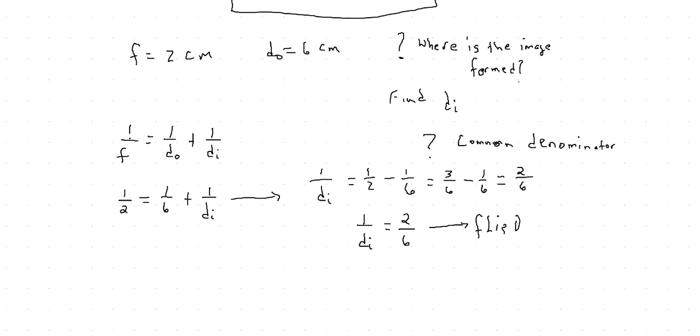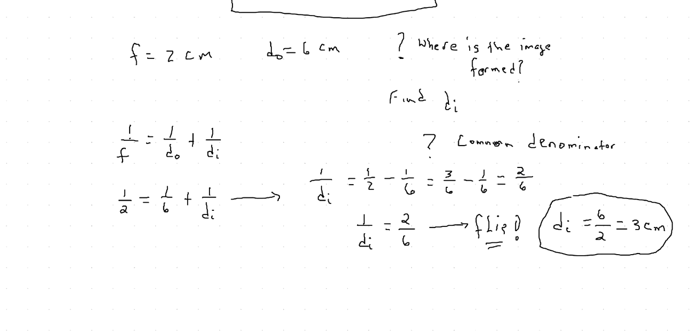I care about di. So if I flip it, I get di is equal to 6 divided by 2, and that should be 3. And of course, we're using centimeters, so the answer would be 3 centimeters. Okay, so there's a simple example.